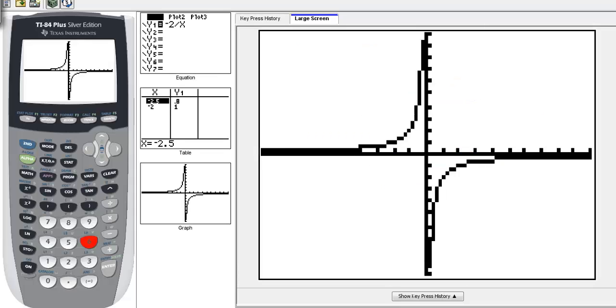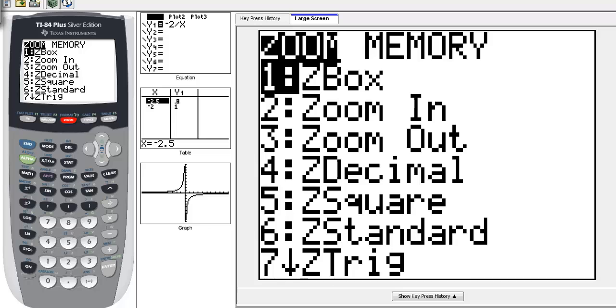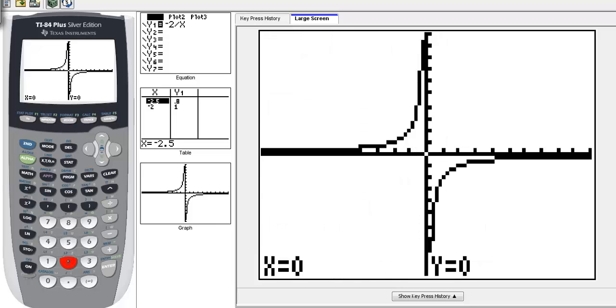Well, that's where if you go to the calculator and we zoom in, zoom number 2, and I move the cursor over here to the left where we have this line, what you need to realize is this line is always getting closer and closer to the x-axis. The values are getting very, very small in here, but it's always getting closer and closer.